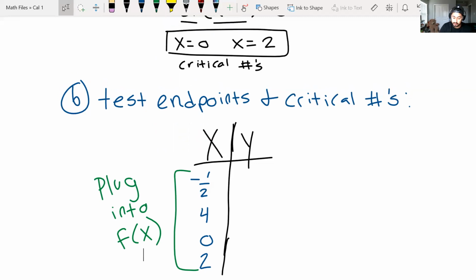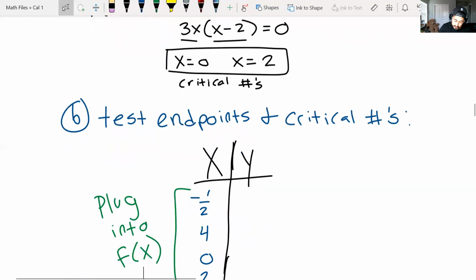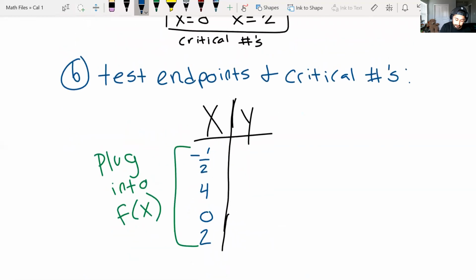So plug these into the original function. My original function's up there: x cubed minus 3x squared plus 1. Enter, enter, enter. And now come down and I'll type these values in.